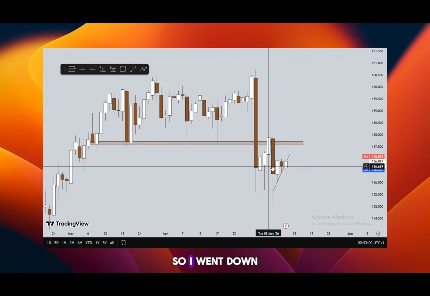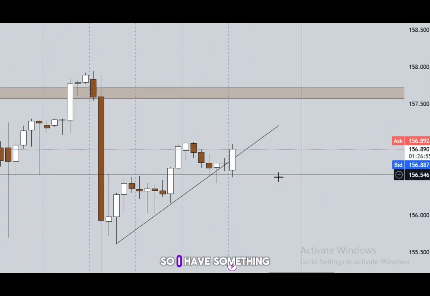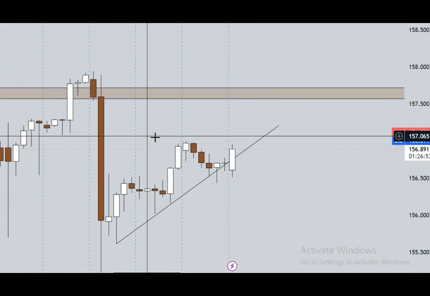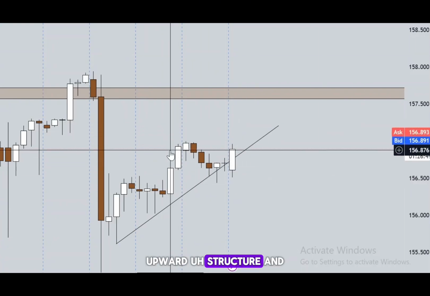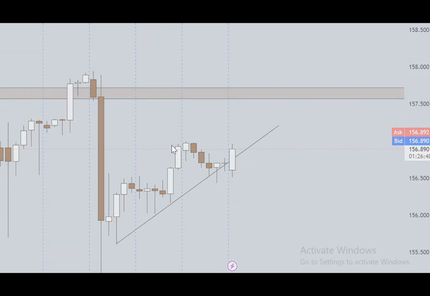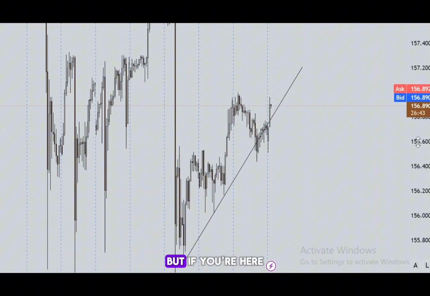So I went down to the lower time frame. I have something like a mini upward structure, something that I could cash in on.